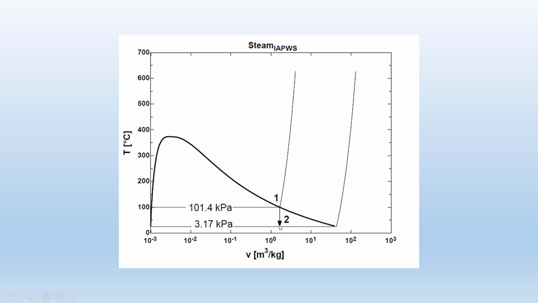So this is the second state, correct? You saw that the pressure for the first state is 101.4 kilopascal, and the pressure for the second state is 3.17 kilopascal. So yeah, this is the T-ν diagram.